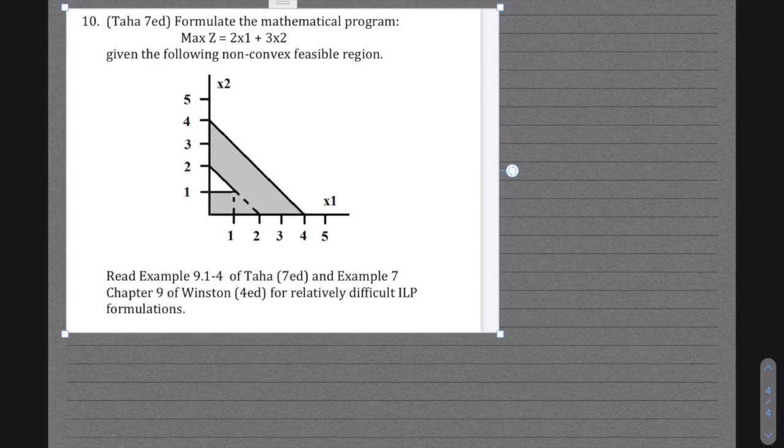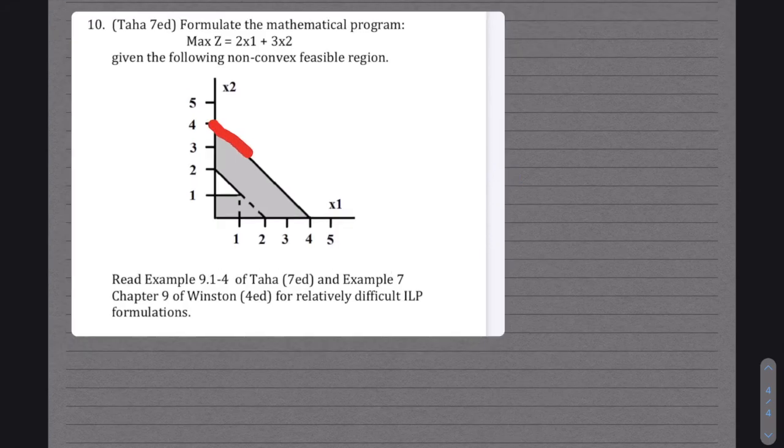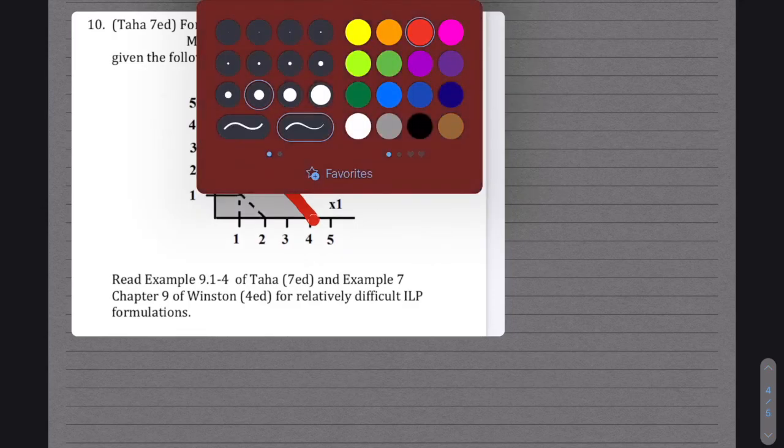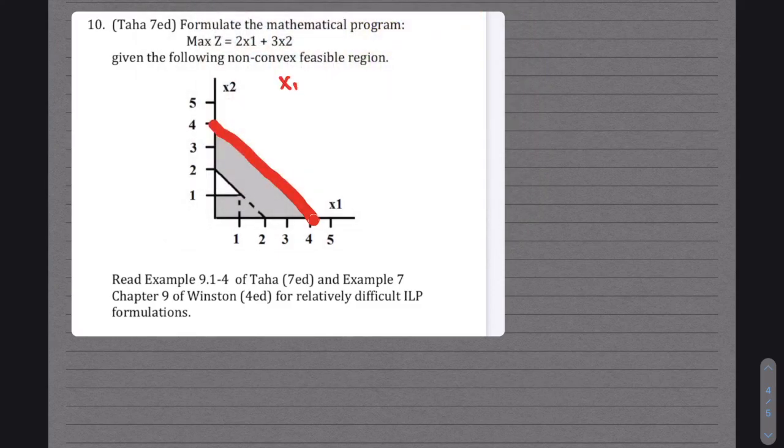The smaller number, the better. Let's first get the lines corresponding to each region. The red line is given by x1 plus x2 is equal to 4.